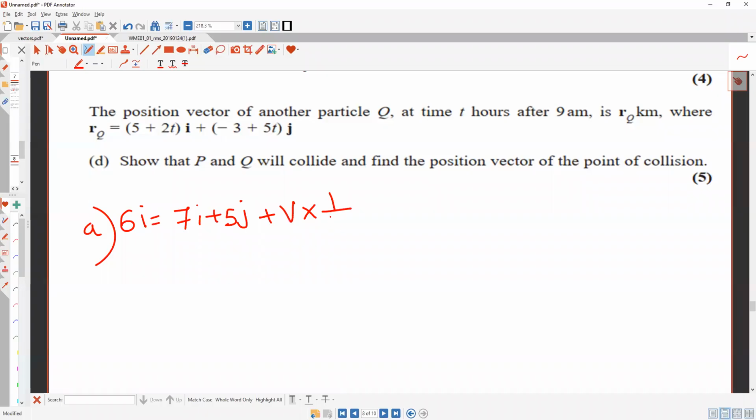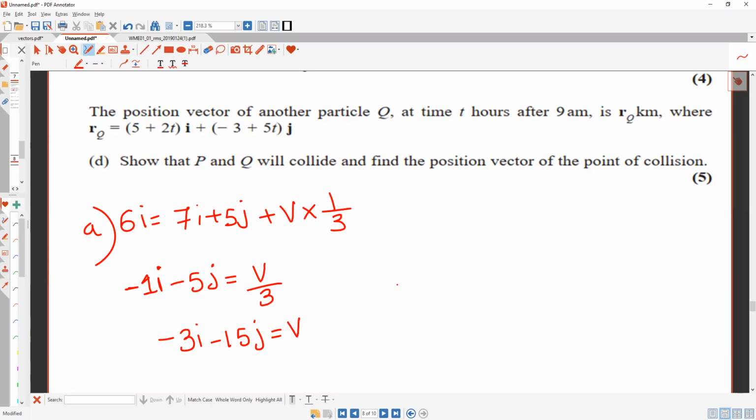Now t is 1 by 3. Let's bring this over here. It's going to be minus 1i, because 7i goes, and minus 5j is equal to v by 3. Cross multiply. So minus 3i minus 15j is equal to v.